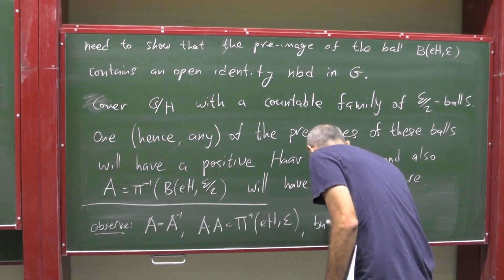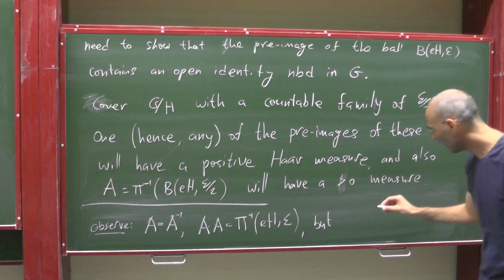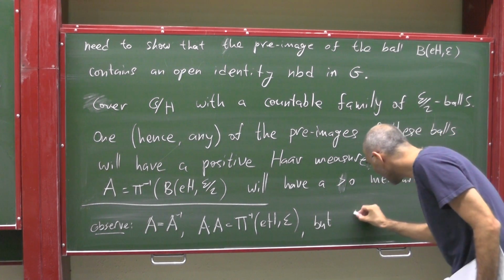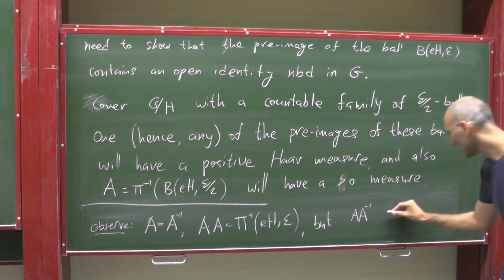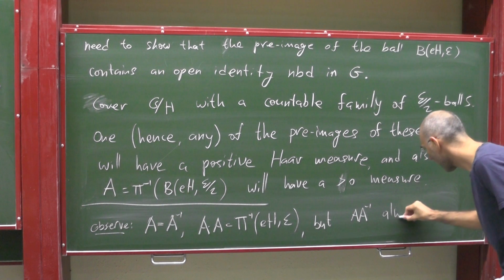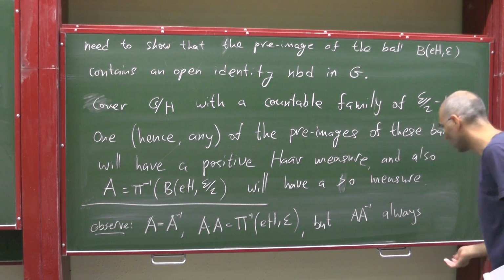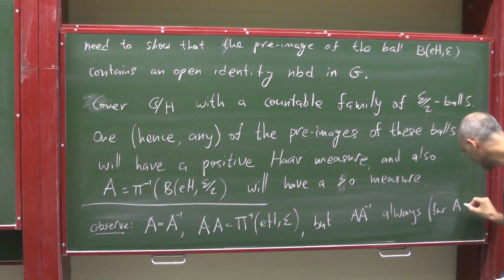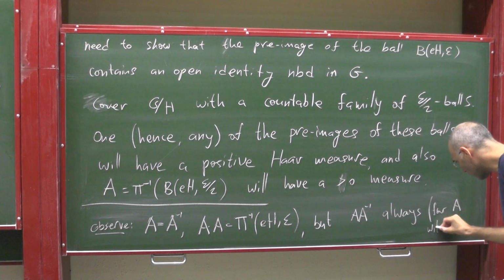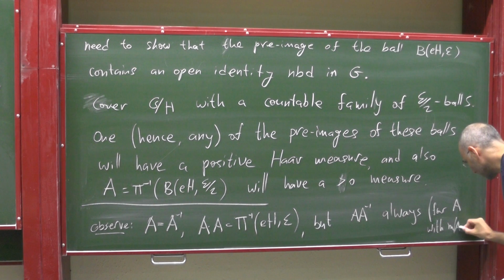But A A inverse, which is A squared, always, for A with positive measure.